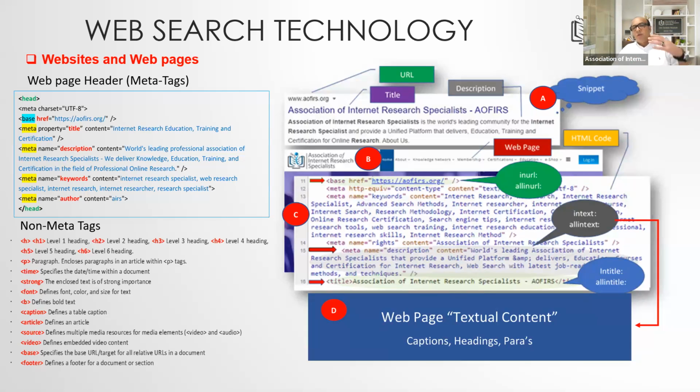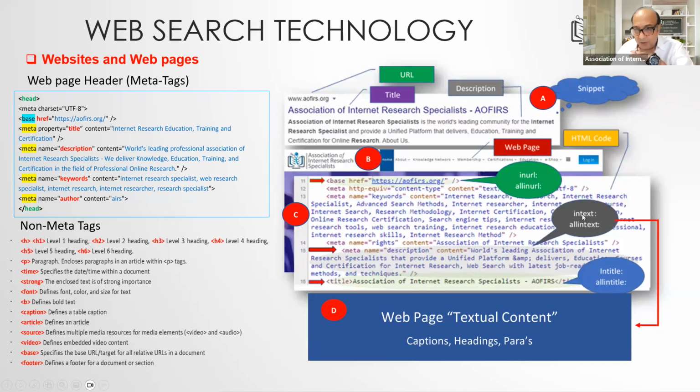Href is used for all sorts of links, and this is also a kind of tag. If you want the words to be matched inside of a URL somewhere on those pages, you will run in URL colon.